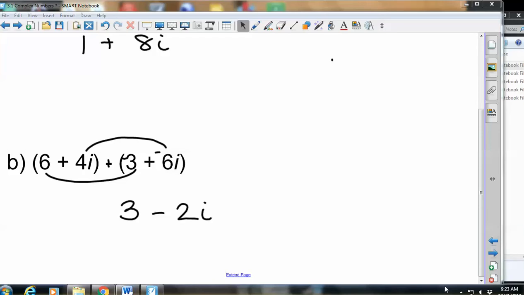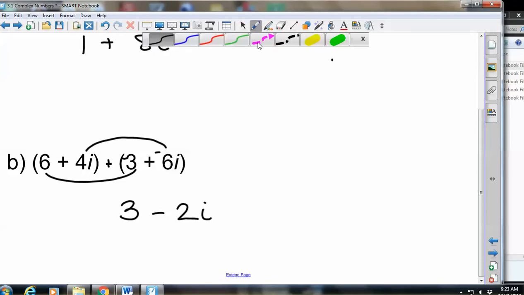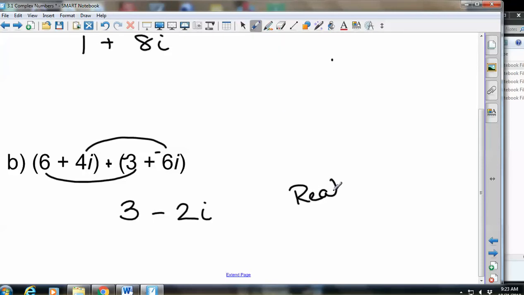On MathXL, I'm trying to remember when I was looking at their assignment, some of the questions asked you for the real and the imaginary. I think when they did the imaginary part, they only included the coefficient of the imaginary. So on MathXL, if they asked you for the real and the imaginary, the real is 3, the imaginary is negative 2.